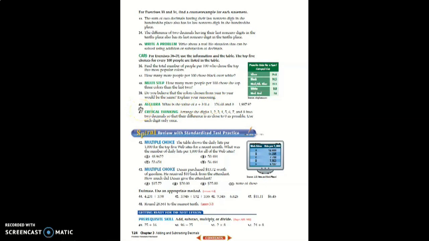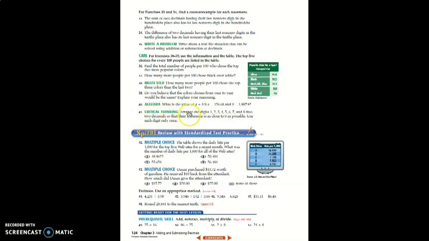40. Algebra: what is the value of a plus b if a is 126.68 and b is 1.987? 41.